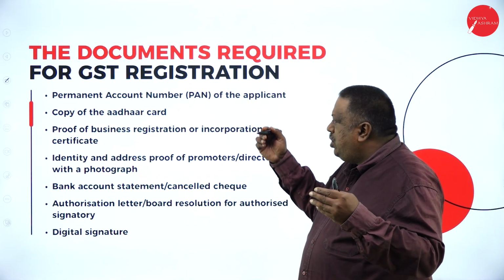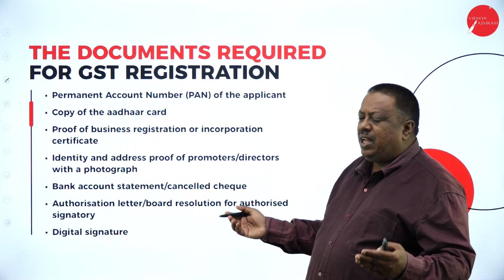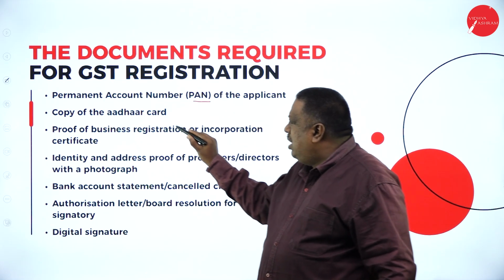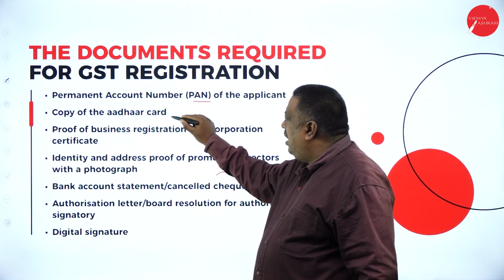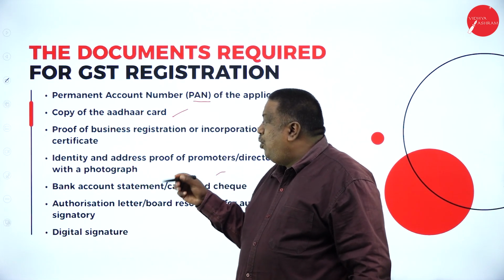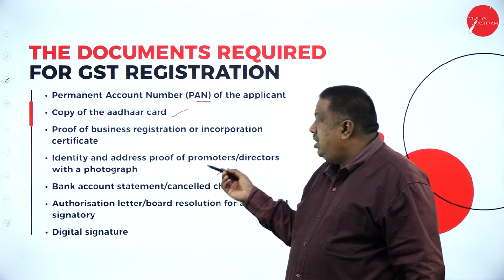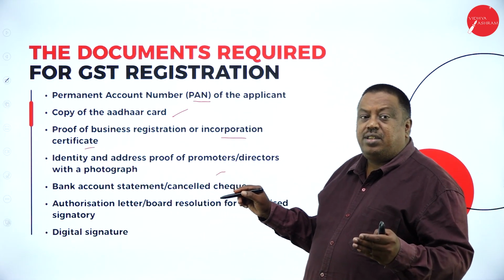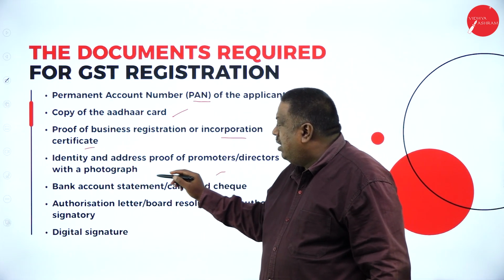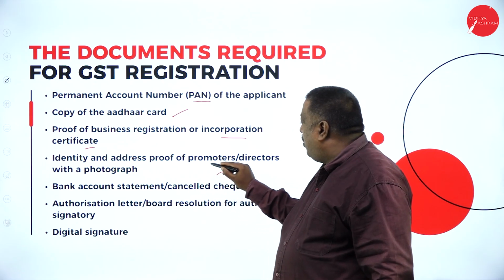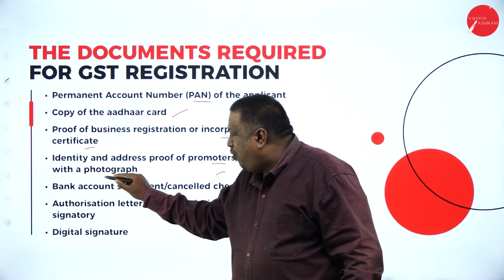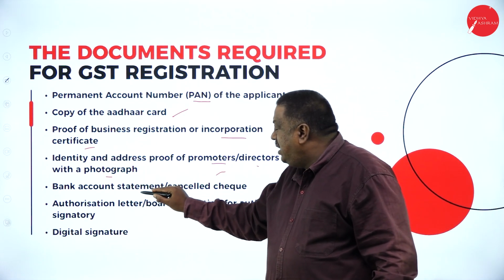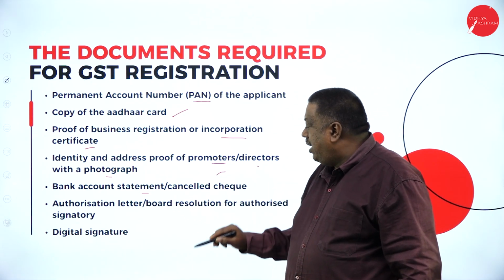So for registration of GST, what are the documents we require? First document, the PAN: we require the business PAN number, a copy of the Aadhaar card of the person who is starting the business, proof of business registration, that is the incorporation certificate or business registered certificate, and identity and address proof of promoters or directors with photograph. A recent photograph should be given, and a bank statement should be provided.